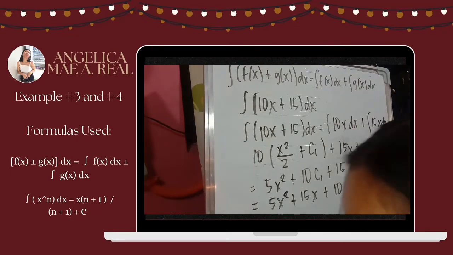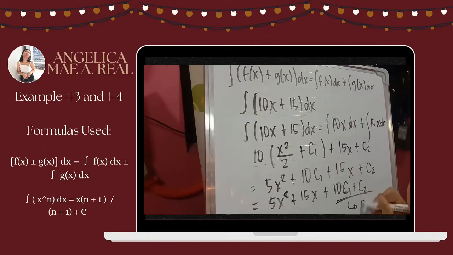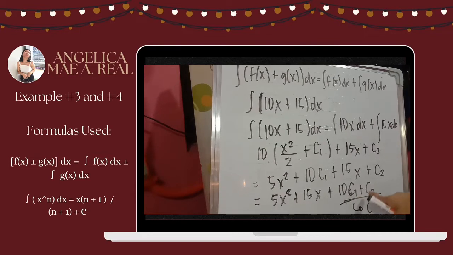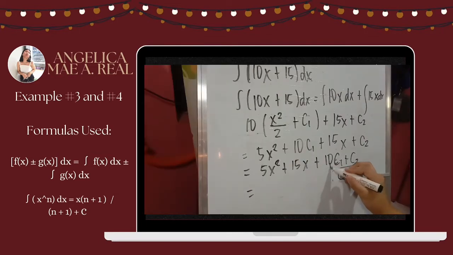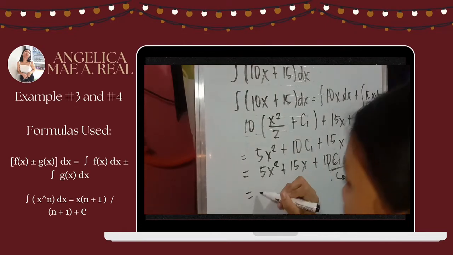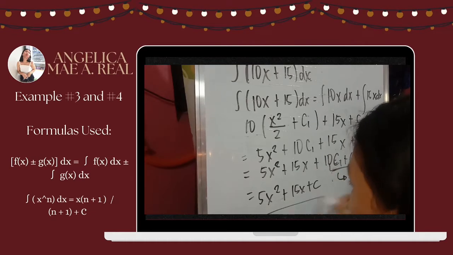So we're going to let c be these two, so it becomes just c, the 10 c sub 1 plus c sub 2. Since we'll combine the 10 c sub 1 plus c sub 2 as c, we're going to have 5x squared plus 15x plus c, right?